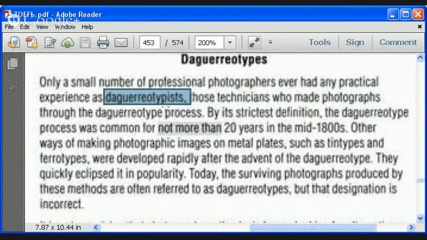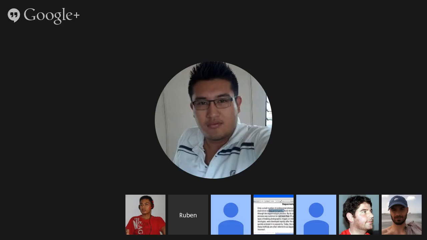Again, I can look specifically for keywords. Those technicians who made photographs through the daguerreotype process. Only a small number of professional photographers had practical experience using this process.